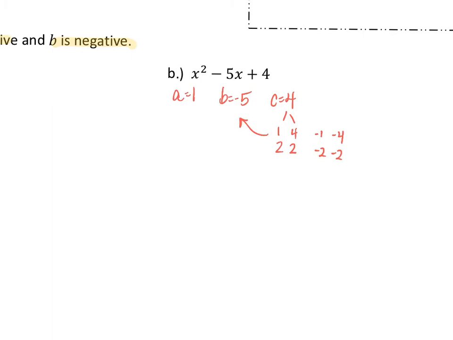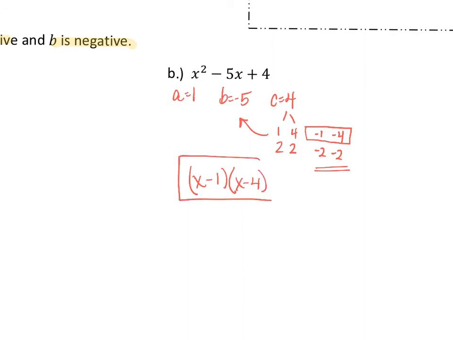Which of these numbers add to give you negative 5? That would obviously be these. Once you find your set of factors, you just write it in factored form: x minus 1 times x minus 4. And you're done.